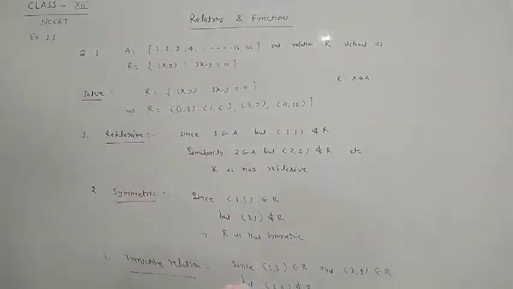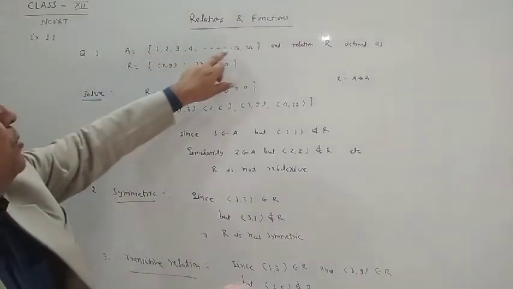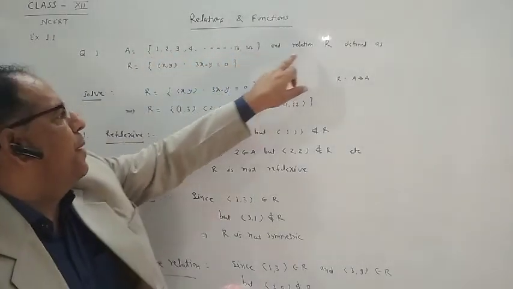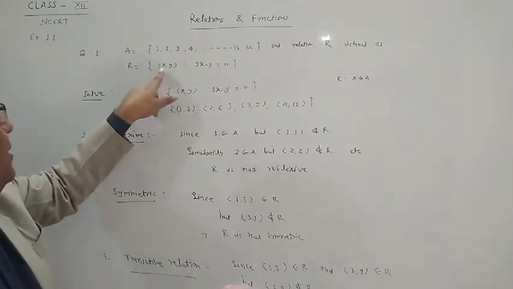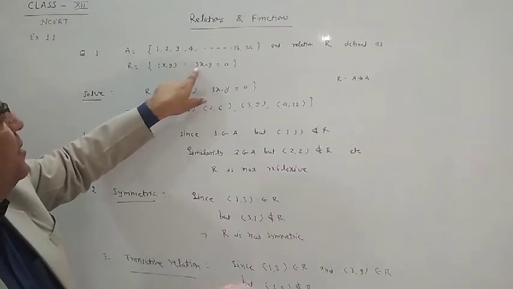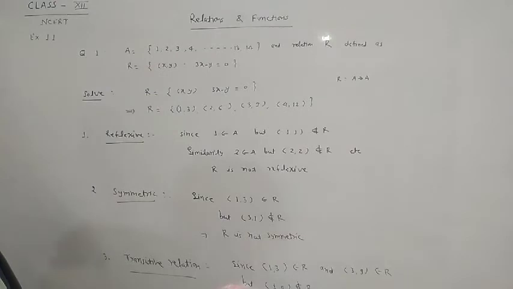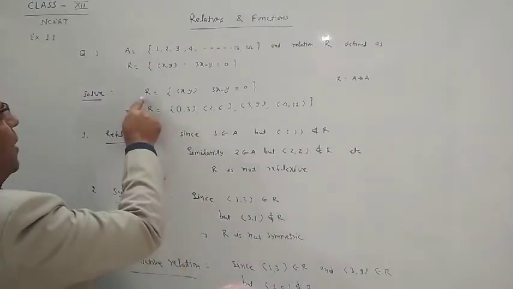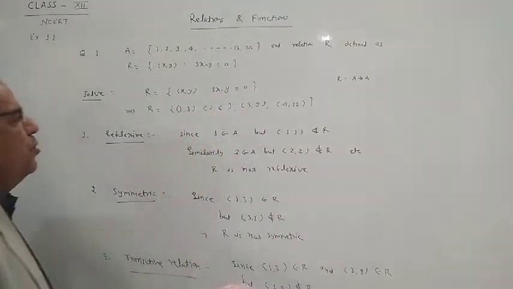So in this particular question, set A is defined as 1, 2, 3, 4 up to 14, and the relation on set A is R equal to (x, y). That means the ordered pairs which satisfy the condition 3x minus y equal to 0 are contained in R. So now we start with R. R is given as (x, y), where 3x minus y equal to 0.